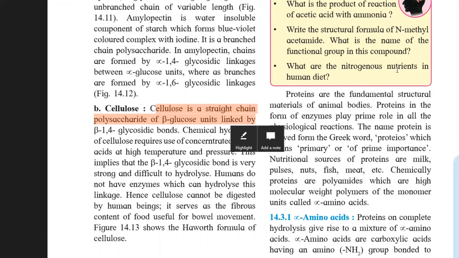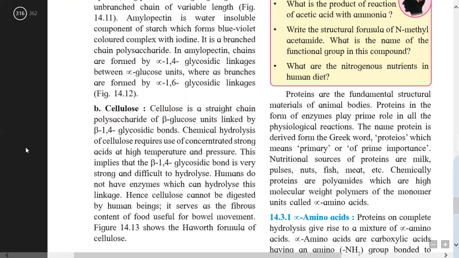In the glucose cyclic structure, if the first carbon OH group is above the ring, then it is called beta glucose. The OH group from the first carbon of one glucose molecule and the OH group from the fourth carbon of the next glucose molecule form a beta 1,4 glycosidic linkage.